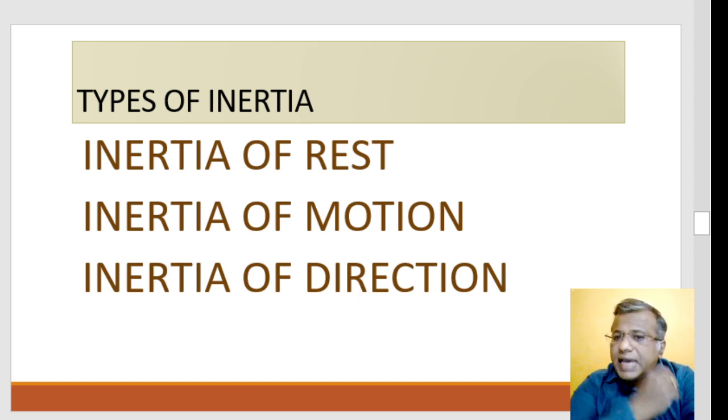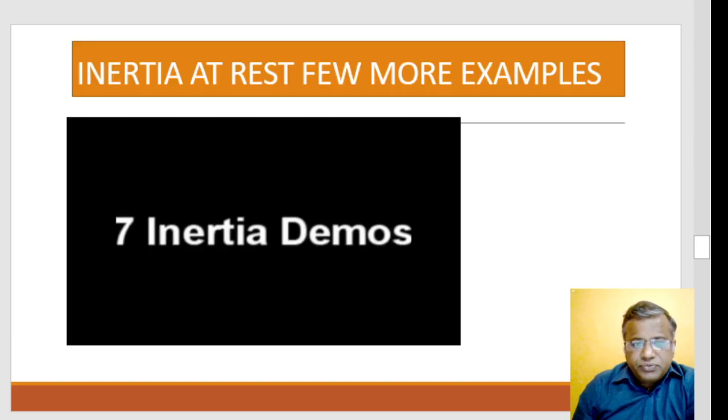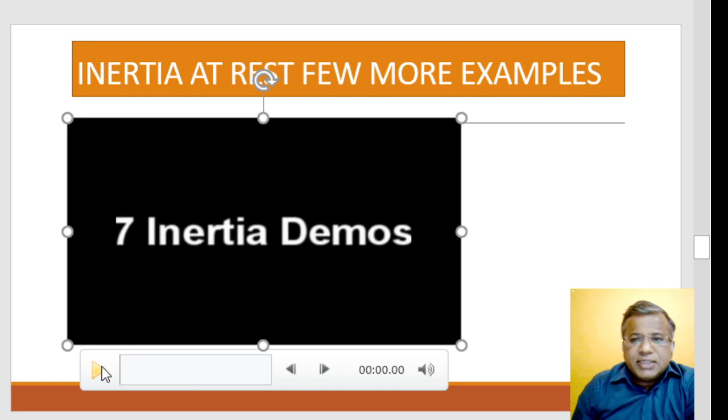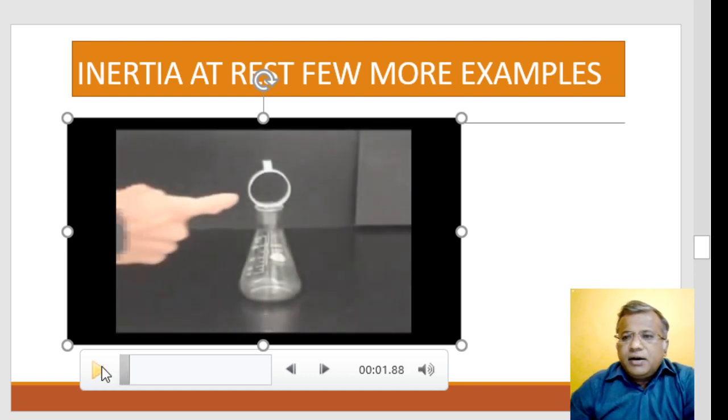So these are the examples which we will try to understand here. In a simple example, as you can see over here, you have this tube or a flask, and then you have a ring, and then you have an object which is placed over this.